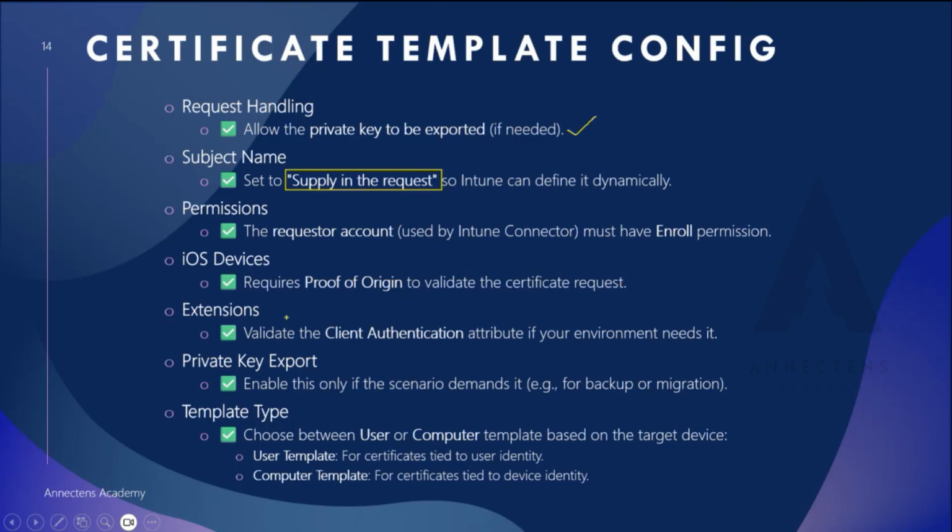Okay, extension, where we have ensured that yes, client authentication attribute is selected and that will be used. Private key will be exported here in PKCS option, and template option we have chosen user template. Okay, so this is okay. Any confusion?